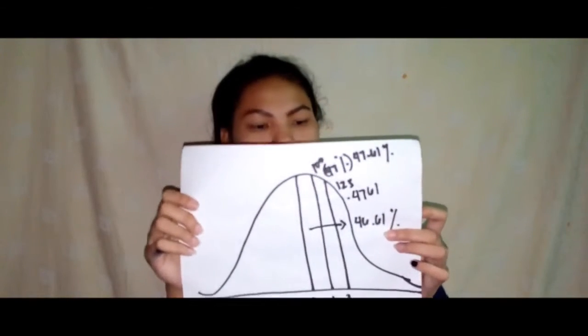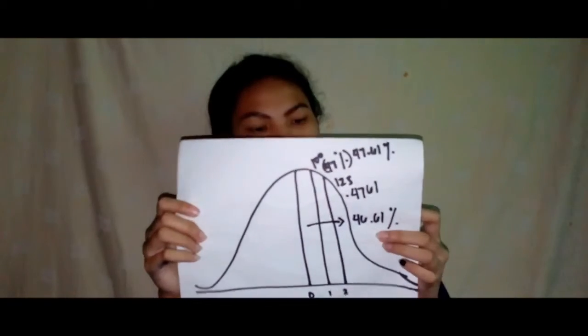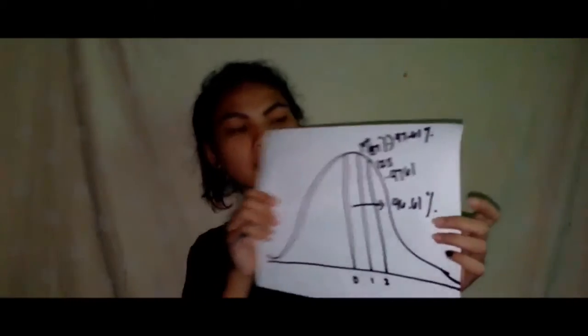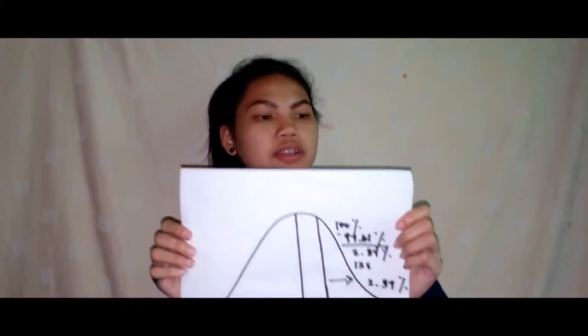We can also figure out the probability of an observation being greater than 125.